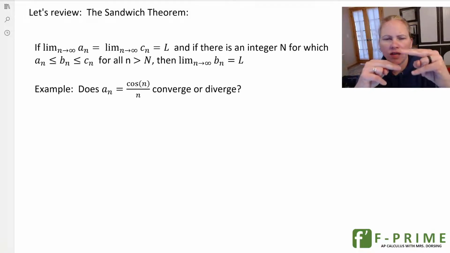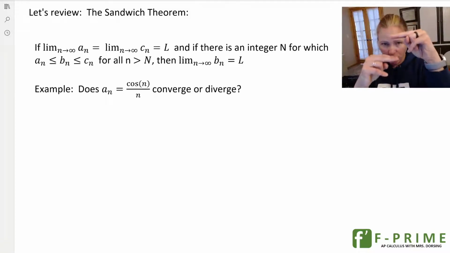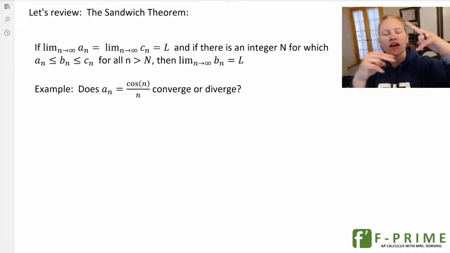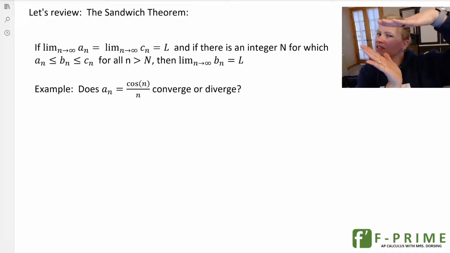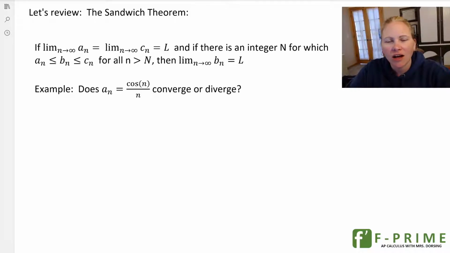And so if I know that I have a function that will always be trapped between two functions, what I can do is say, well, if the limit of this function is 0 and the limit of this other function is also 0, and I know that my cosine is trapped between them, they sandwich my function in and force it to have the same limit.